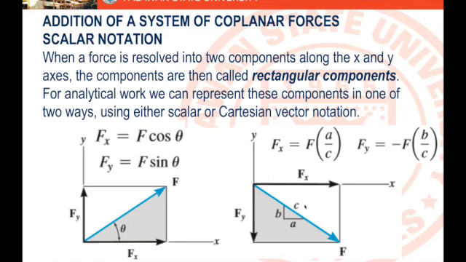Since Fx is proportional to a and F is proportional to c, we can find the magnitude of Fx to be equal to F multiplied by our ratio.